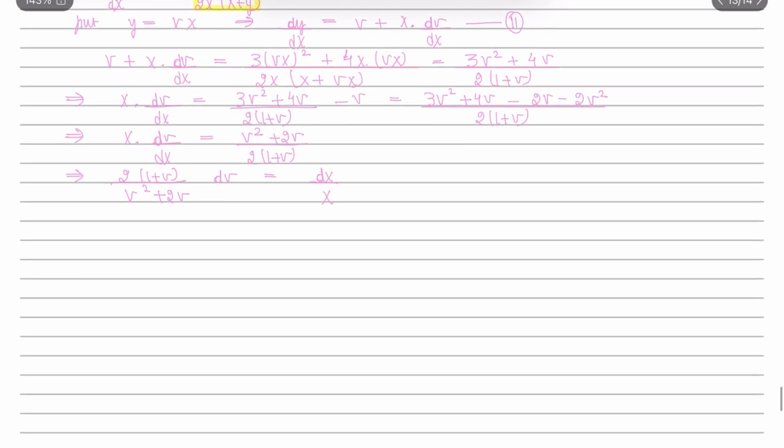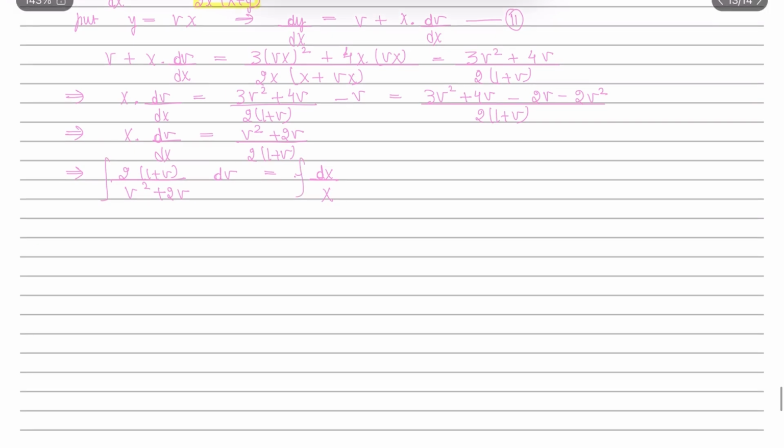Now integrating both sides, this becomes log of v square plus 2v is equal to log of x plus log of c, implies log of v square plus 2v is equal to log of x into c.